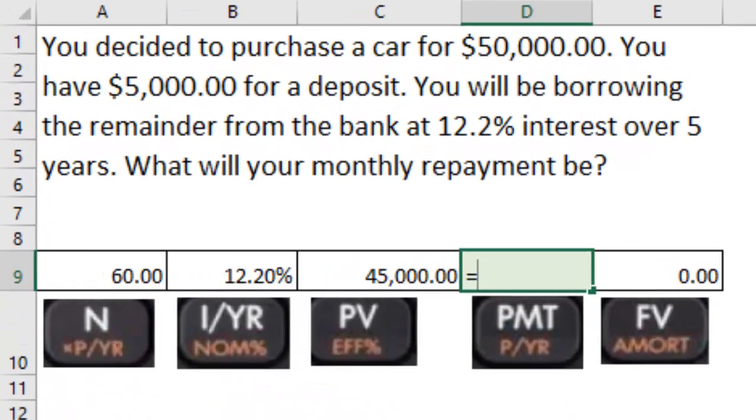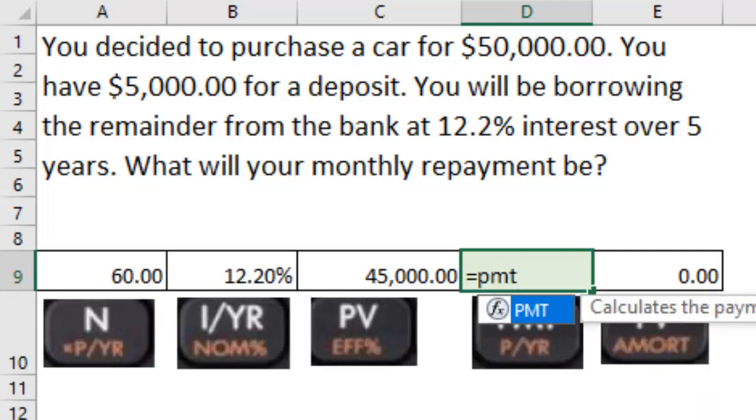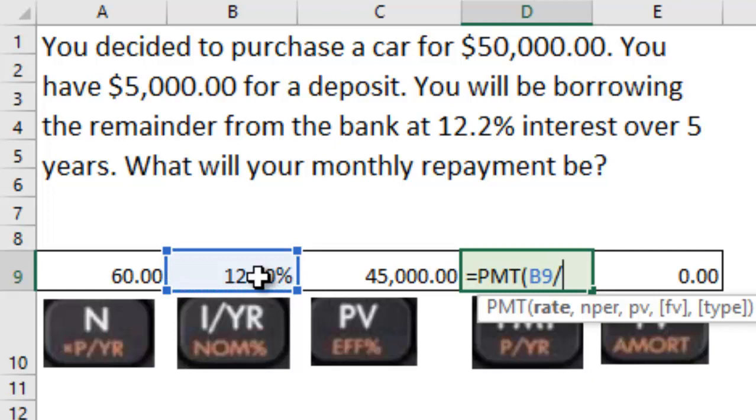equals PMT for payment. The rate is not 12.2, it's 12.2 divided by 12. Why?